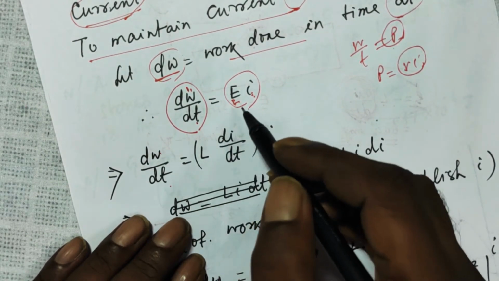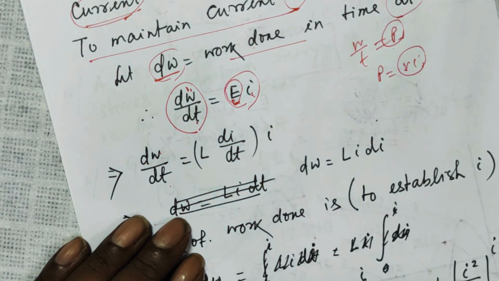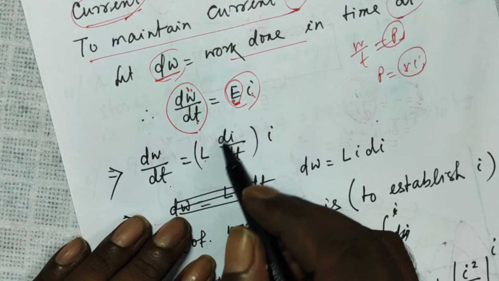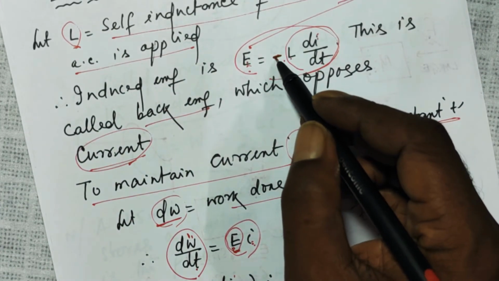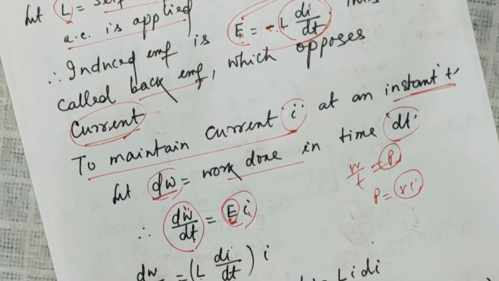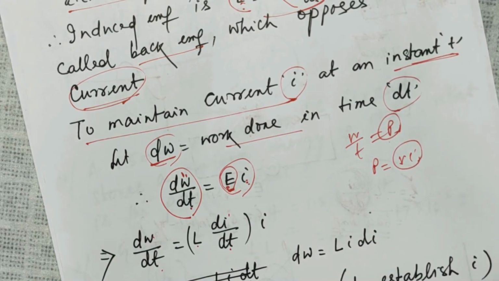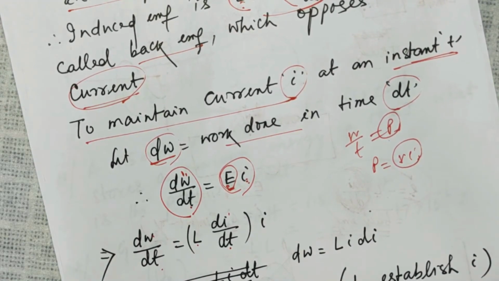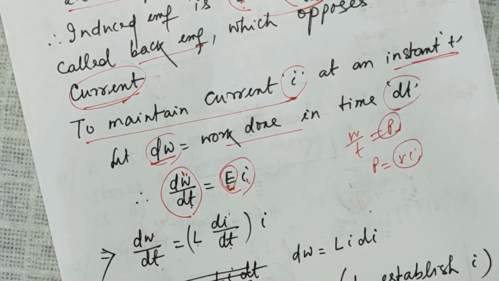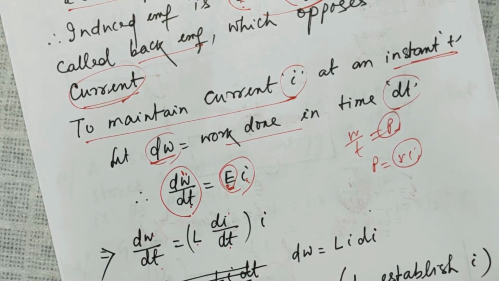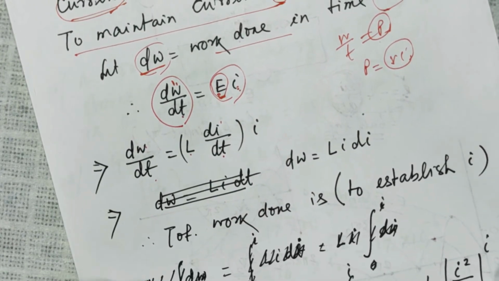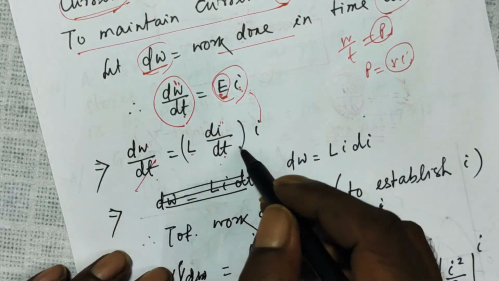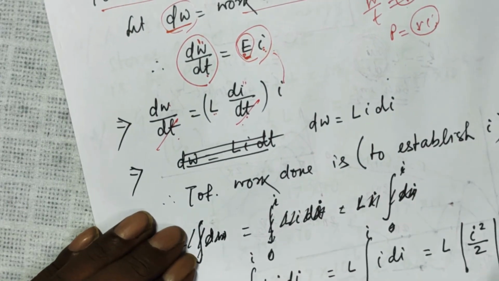So dw by dt, this is your back EMF. I am taking the magnitude part of it, L di by dt, because the negative sign only indicates it opposes. Since it is opposing the growth or decay of current, some work has to be done externally to maintain the current. So for E I put L di by dt, I remains the same, dt cancels.